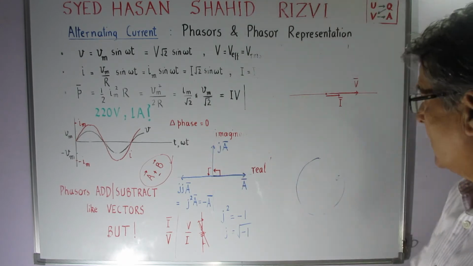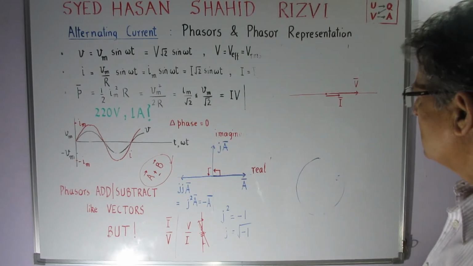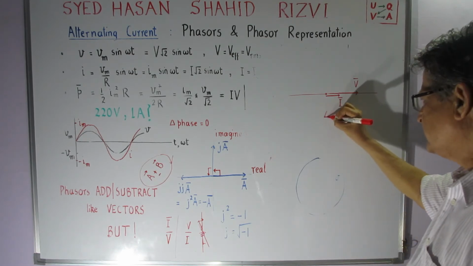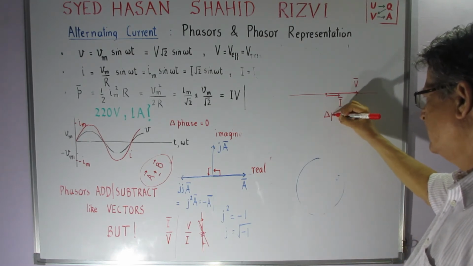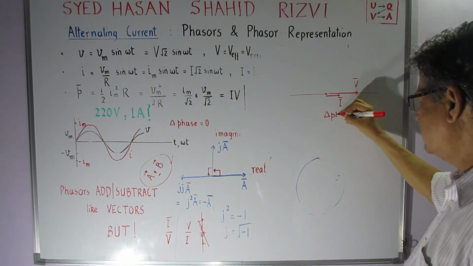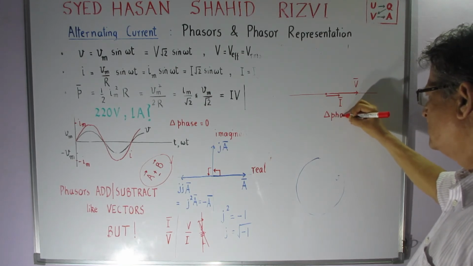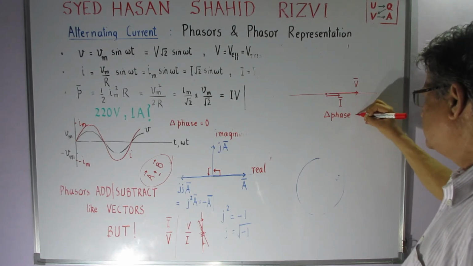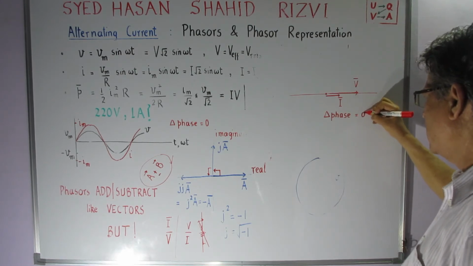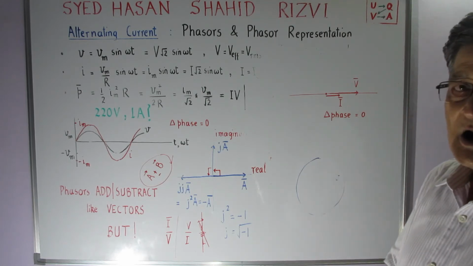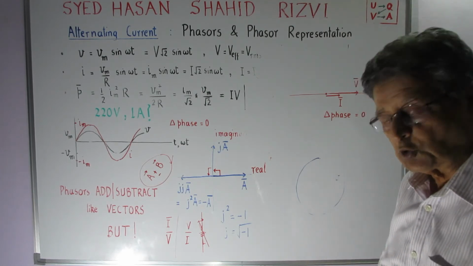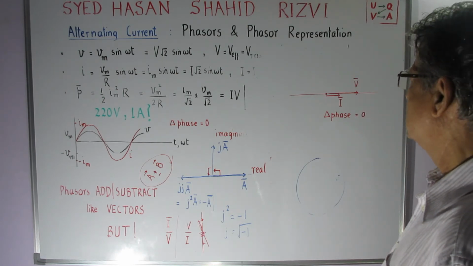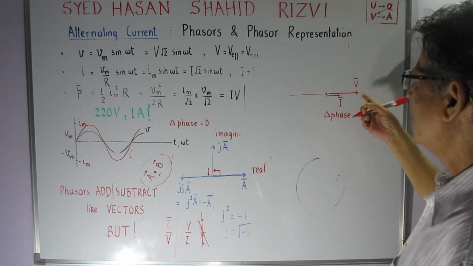You have to bear in mind how we are going to get that. But the one thing that is there, the delta phase, this is very important, and you will understand it once we talk about the inductors and capacitors. So delta phase is equal to 0, and V and I are in the same direction, so that there is a real power loss equal to V and I.